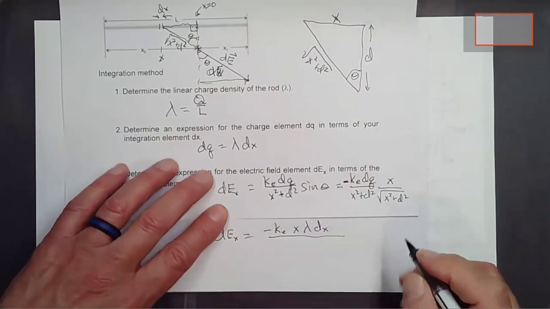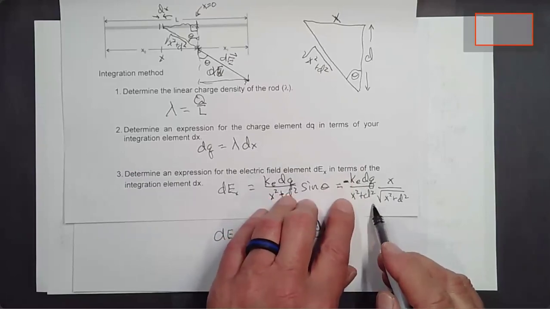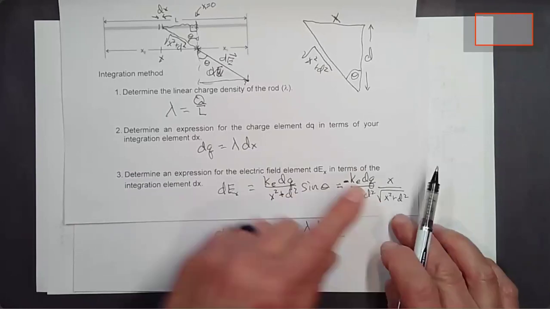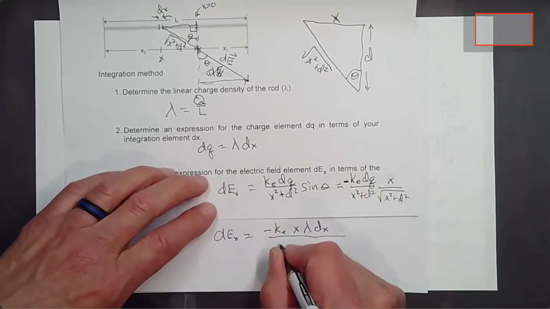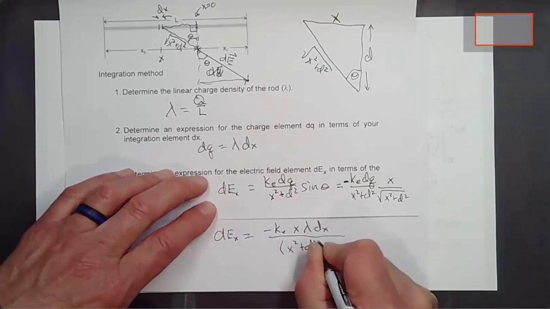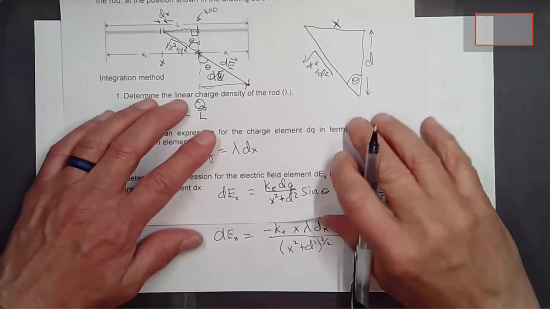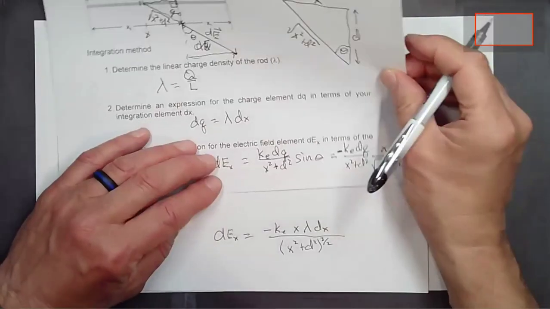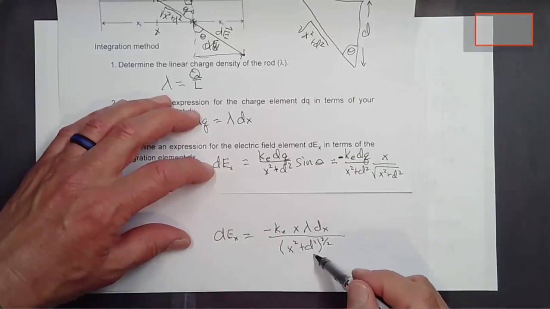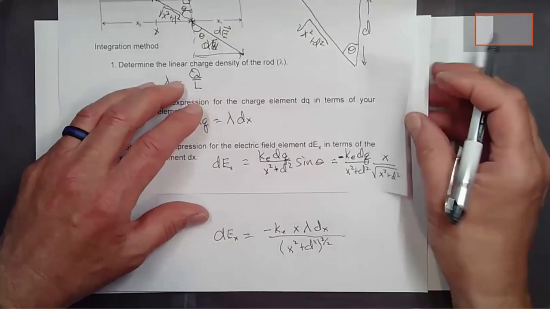And on the bottom, this is x squared plus d squared; if I imagine wrapping it in parentheses, it'd be the first power. This is x squared plus d squared to the 1/2 power. On the bottom, I'll actually have x squared plus d squared to the 3/2 power. And so I'll need to find an integral for integrating x dx over x squared plus d squared to the 3/2 power, which should be doable.